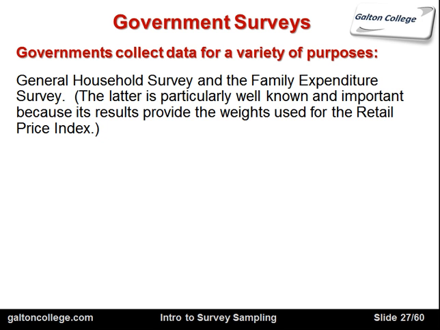What these surveys do is to see what items are important to us as consumers, as citizens, as people living in the country. How do we spend our money? What items are important? How much do we spend on energy? How much do we spend on travel? How much do we spend on food? And so on. So that the government can assess the importance of each of these areas of expenditure.